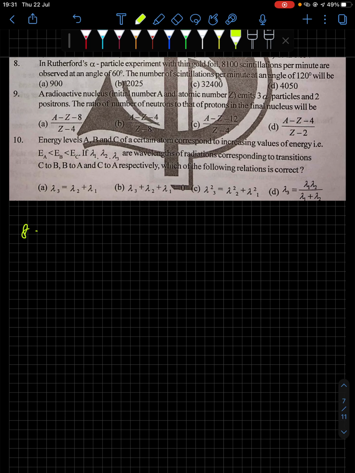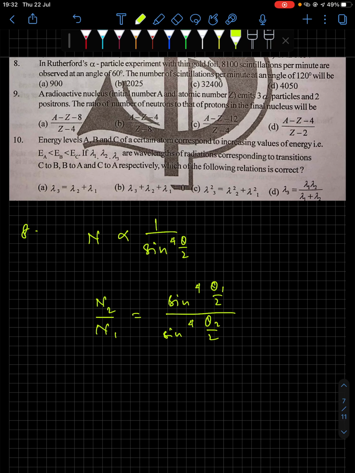Okay, so there we talked about a relation. Number of alpha particle is inversely proportional to sine to the power 4 theta by 2. So here in the second case you are supposed to find out the value of n. So n2 by n1 is sine to the power 4 theta 1 by 2 over sine to the power 4 theta 2 by 2.